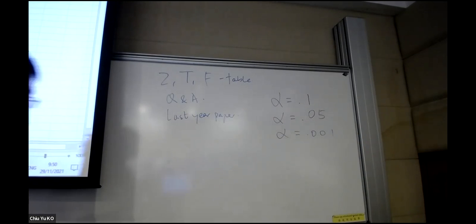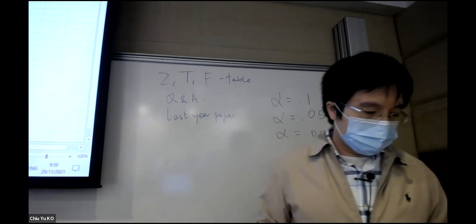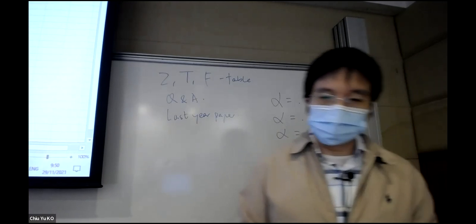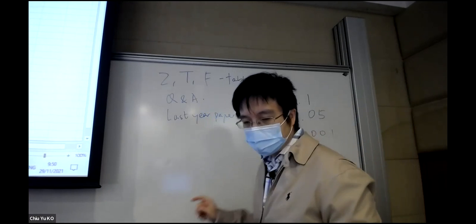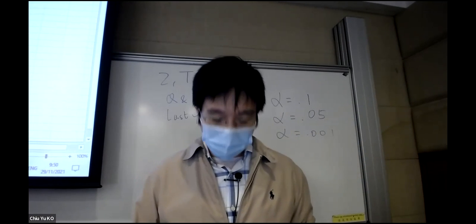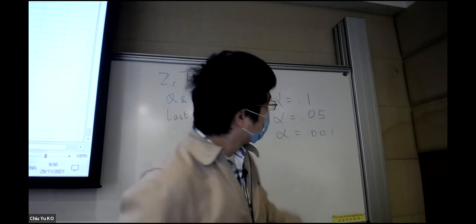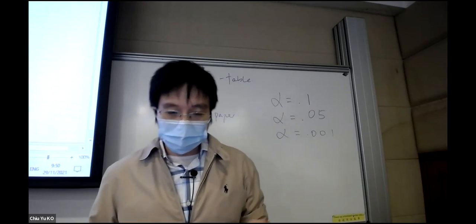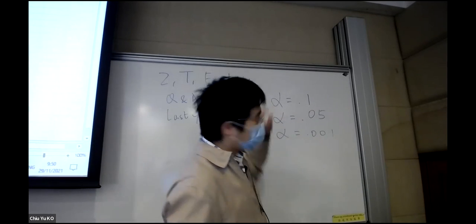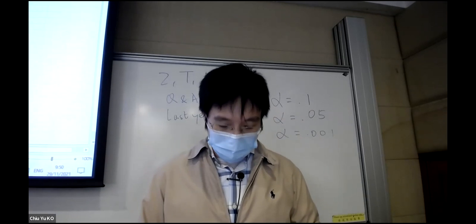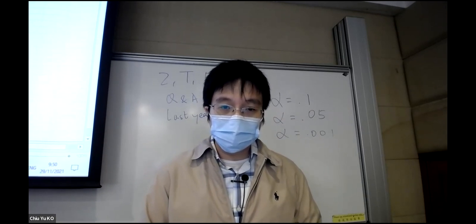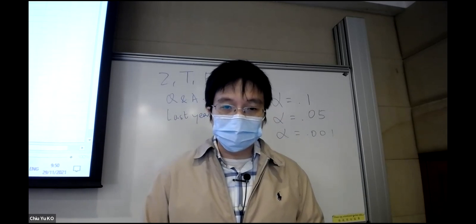But usually the F test is in this way. So you can create your own F table. Let me calculate the first table, where alpha equals 10% first. You need degrees of freedom 1 and 2.